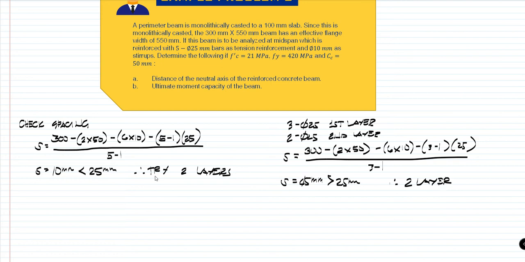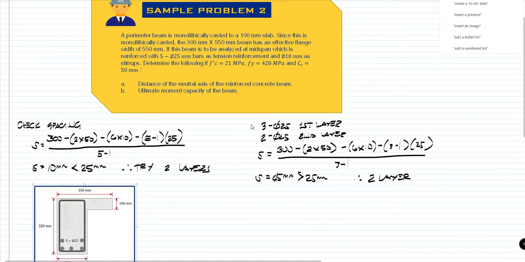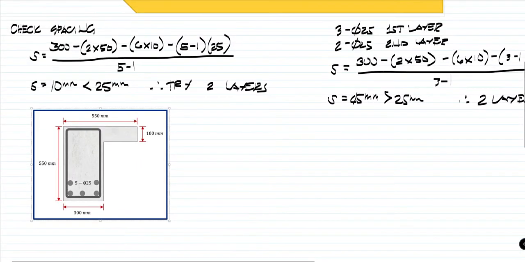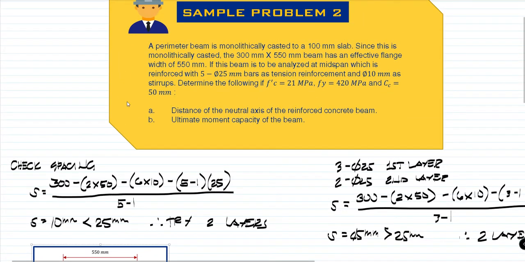So now, ang layout natin will be tatlong diameter 25 sa first layer and 2 diameter 25 sa second layer. So we can have this beam. So which is ito. So sabi doon, sa given natin, we have an effective width, effective flange width na siya of 550.